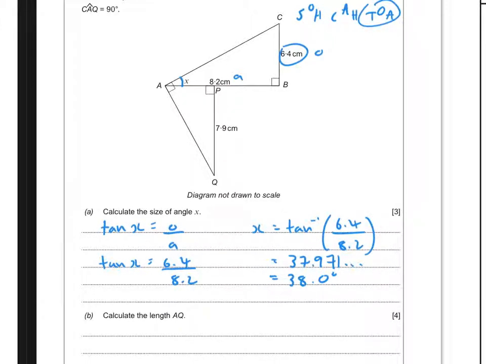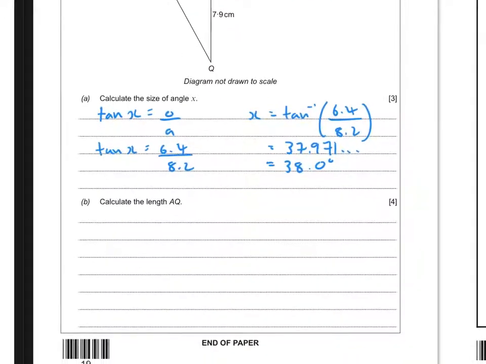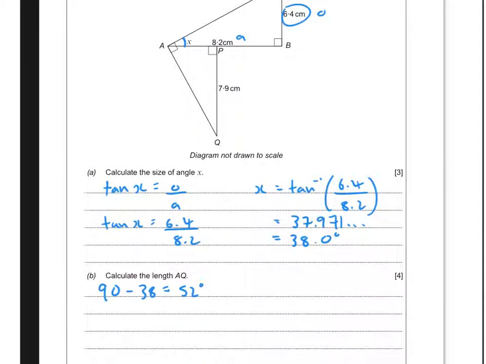Okay, so the first thing I'm going to do is 90 take away the 38 degrees, which will leave me 52 degrees. So that tells me this angle here is 52 degrees.